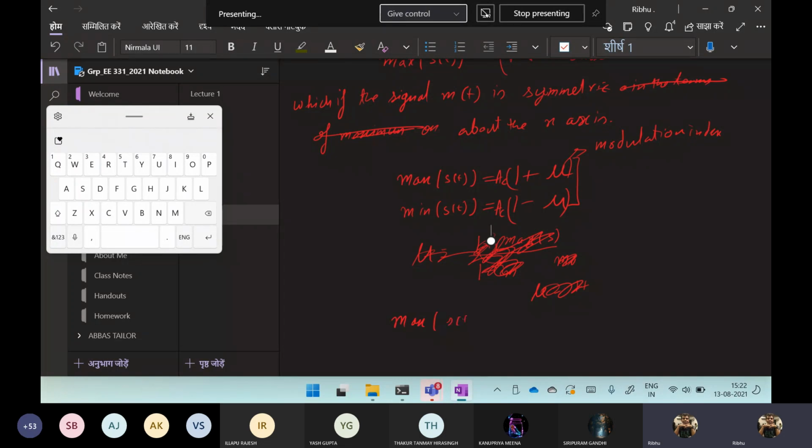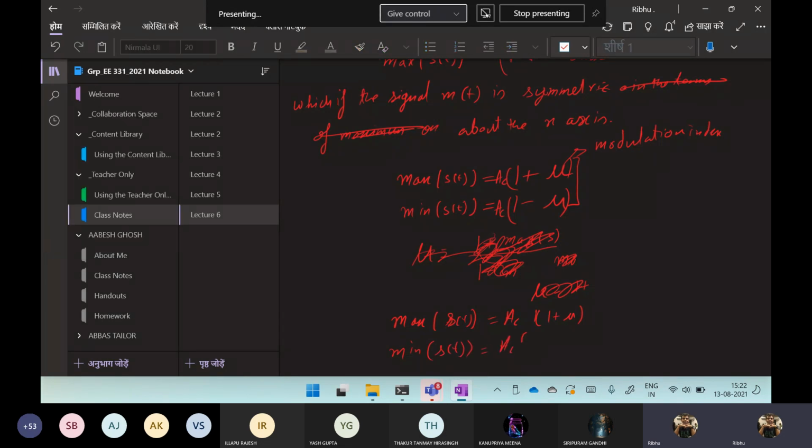Max S(t) equals A_c times (1 plus mu), min S(t) equals A_c times (1 minus mu).